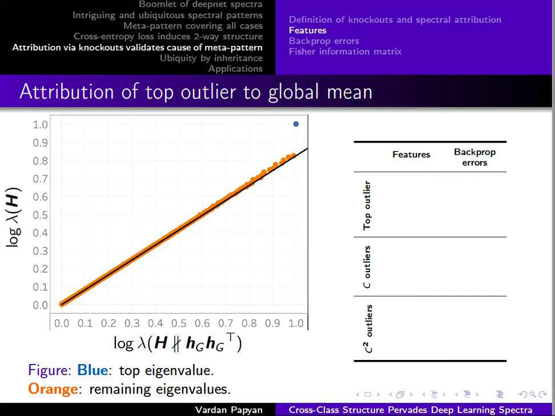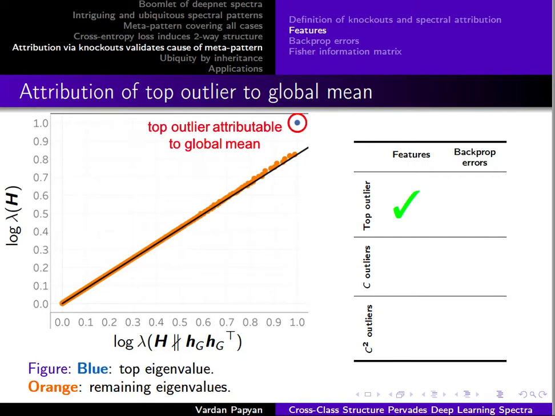This means this eigenvalue is no longer an outlier after the global mean is projected away. So by projecting away the global mean, we've eliminated the top outlier. Hence, the top outlier is attributable to the global mean. On the right, I'm keeping track of all the different attributions I'm making. So I attributed the top outlier in the spectrum of the features.